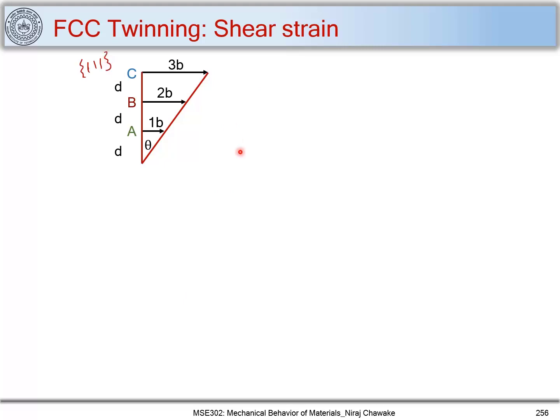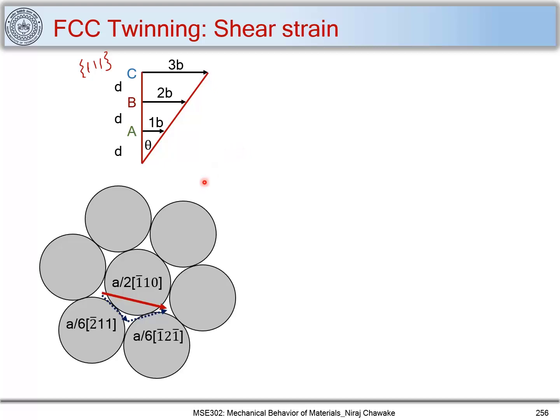And now let's see what the Burgers vector will be. When a B layer moves, it doesn't move directly; it moves along this way, which is a/6 [-2 1 1], and this is nothing but our Shockley partial.